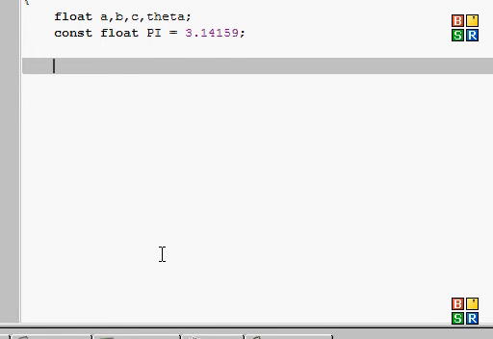So we're finding A, which is the assignment statement. B, C, and theta are our input data, so we're going to go ahead and get that from the user.